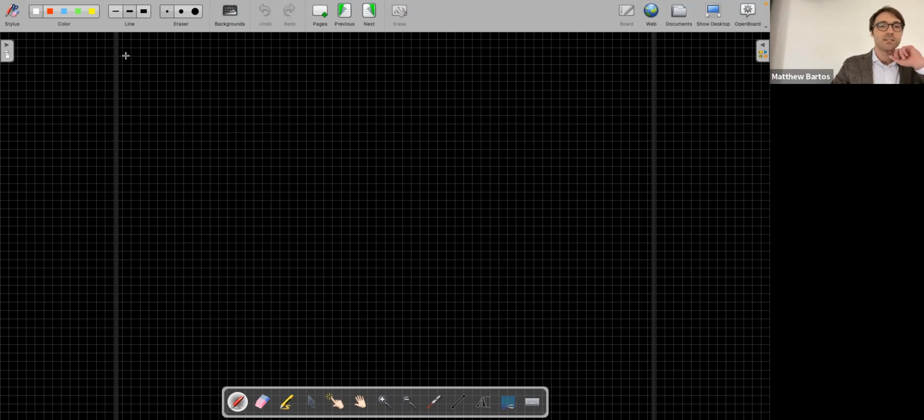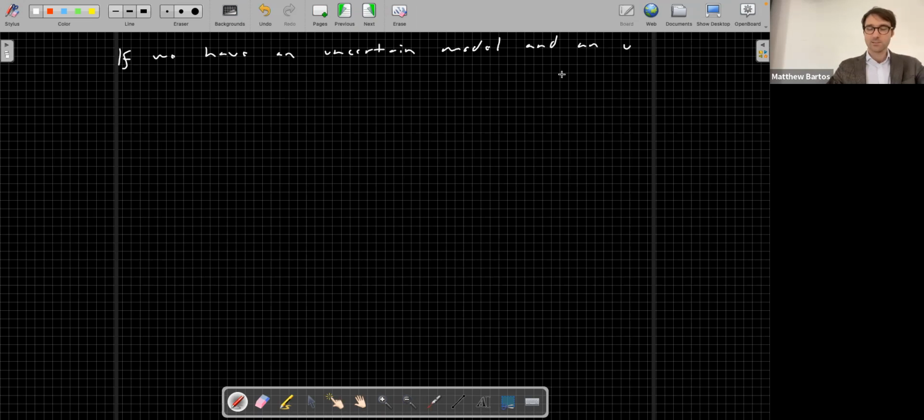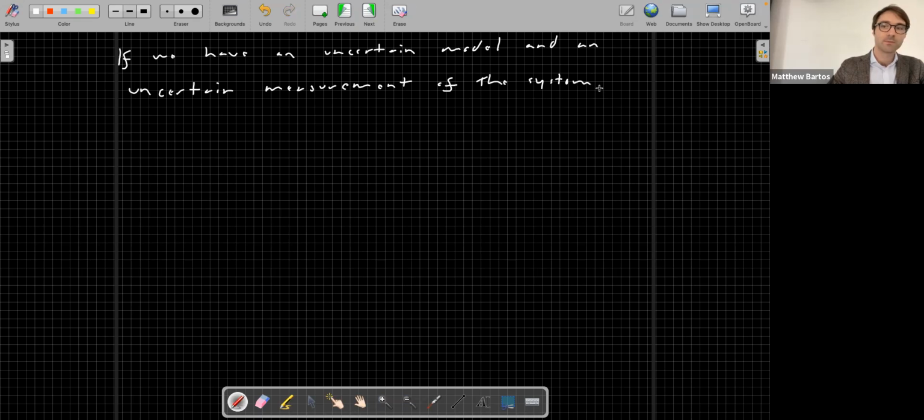Essentially the idea is, if we have an uncertain model of a system and an uncertain measurement of the system, how can we optimally combine these two pieces of information to get an estimate that's better than the sum of its parts?